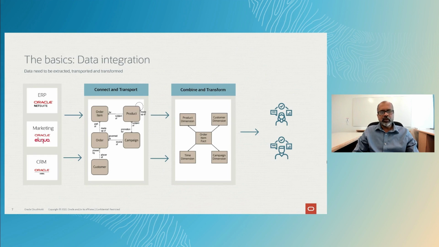This picture shows you the entire flow of data integration at a very high level, with the different steps like extraction, transportation, and transformation. On the left side, you have various applications. You have ERP, marketing, and CRM applications.